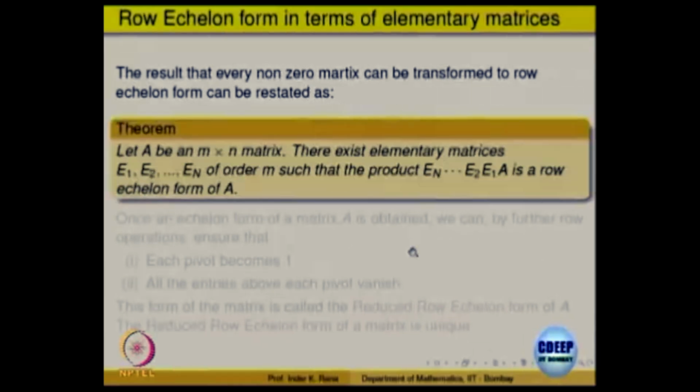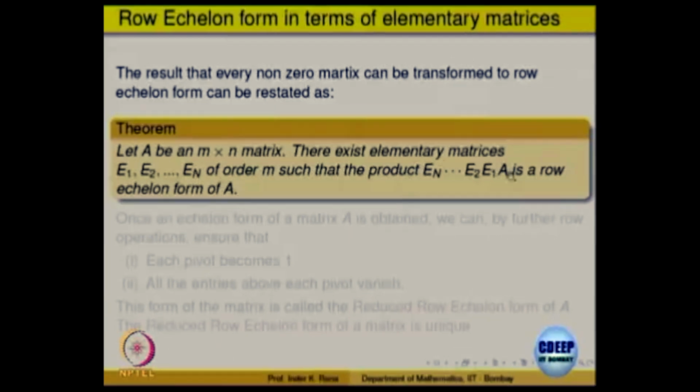So a theorem says that we said every matrix can be reduced to row echelon form by row operations. In terms of matrices, what will it mean? It will mean that if A is an m cross n matrix, then there exist elementary matrices, some number of them, E1, E2, up to En of order m. They are all square matrices of order m.